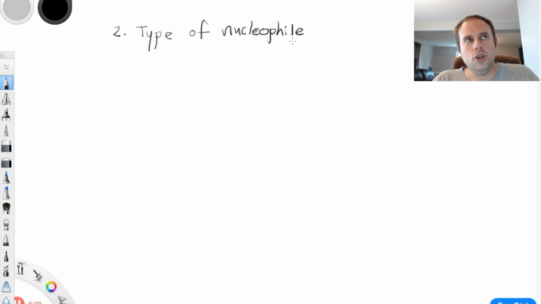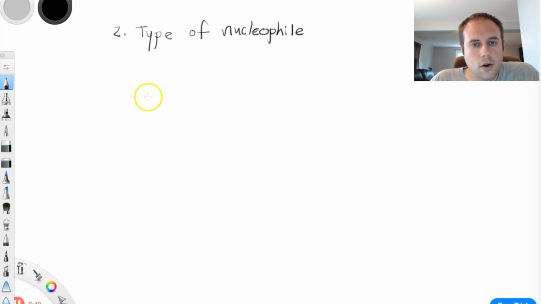this usually will lead to either an SN1 or an SN2 if you can analyze it. However, it's not 100% all the time. So in other words, you could have certain SN1s that are occurring with an SN2 type nucleophile. You have to assess all things that are present.